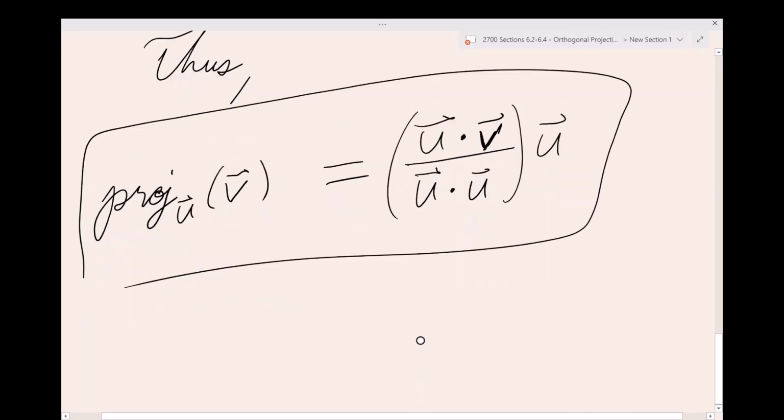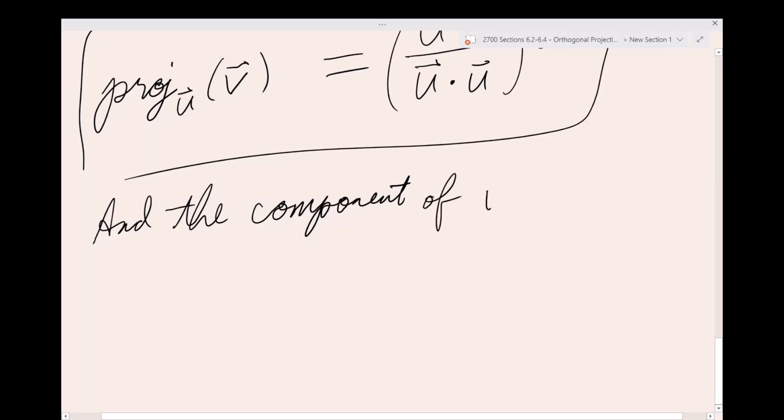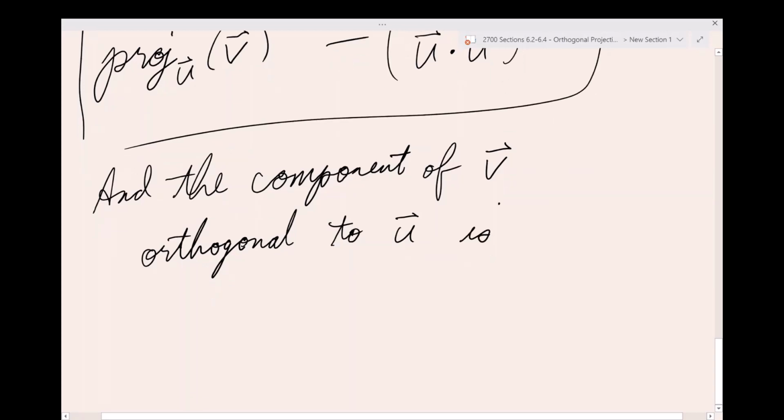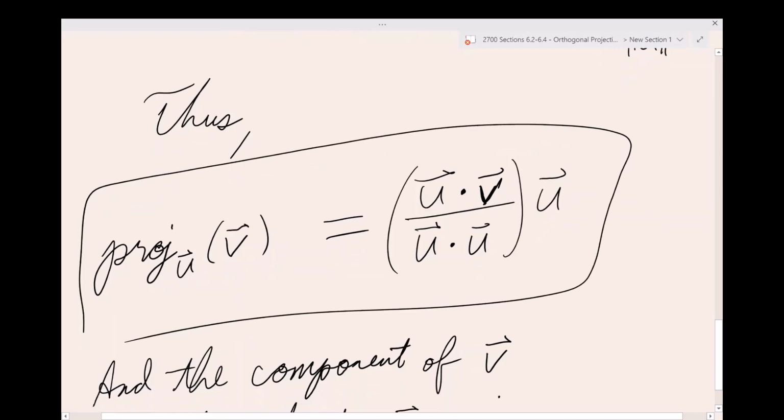Okay, and then the component of v orthogonal to u. Well, now we have a nice formula for that, because remember, we figured out that that would just be v minus this projection.